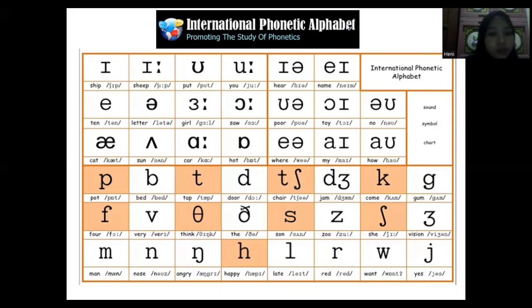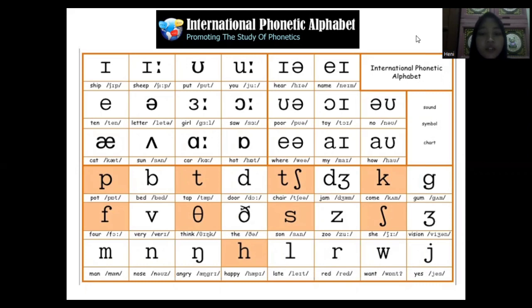Next, the sound in car includes central vowels, for example, car.